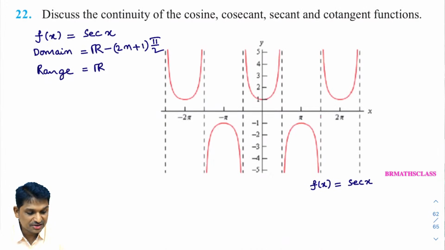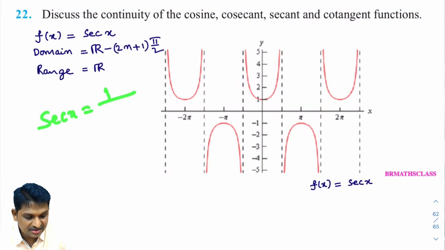I think one more is there, that is secant x. Write its domain. What is its domain? All real numbers except odd multiples of pi by 2, because secant x can be written as 1 by cos x.